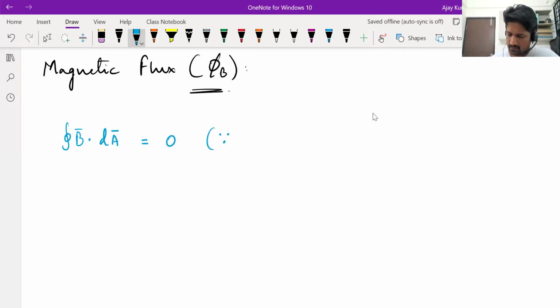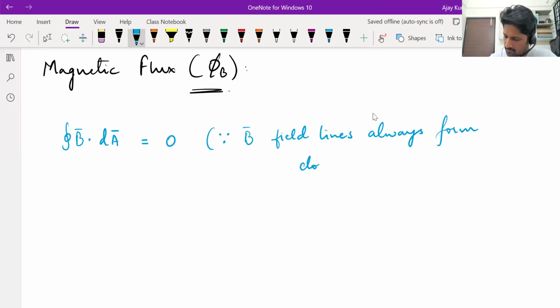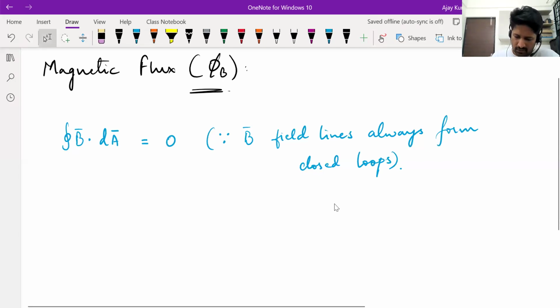Because they form closed loops. Right, because magnetic field lines always form closed loops. So over a closed surface, the closed integral will definitely be 0.